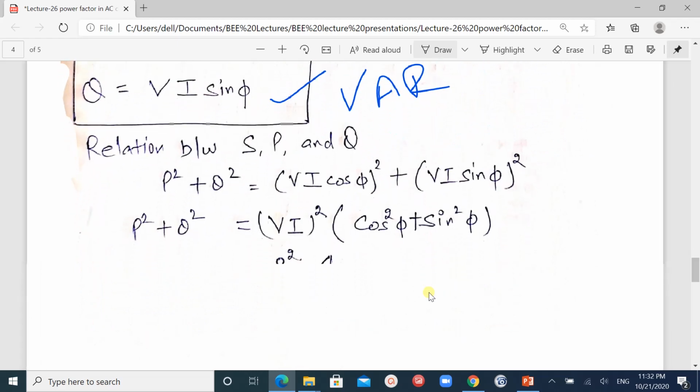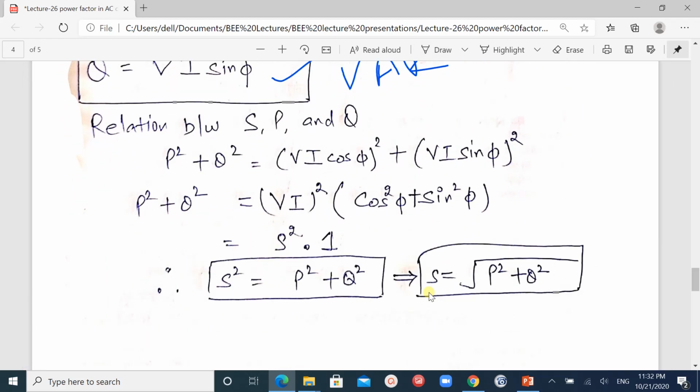Now we find out the relationship between the three powers S, P and Q. P square plus Q square equals, it is VI cos phi whole square plus VI sin phi whole square.